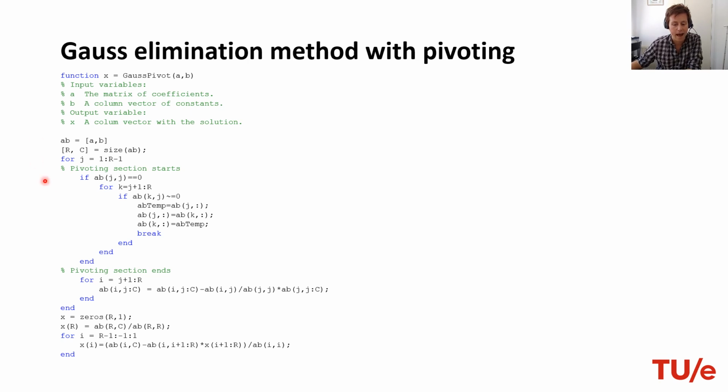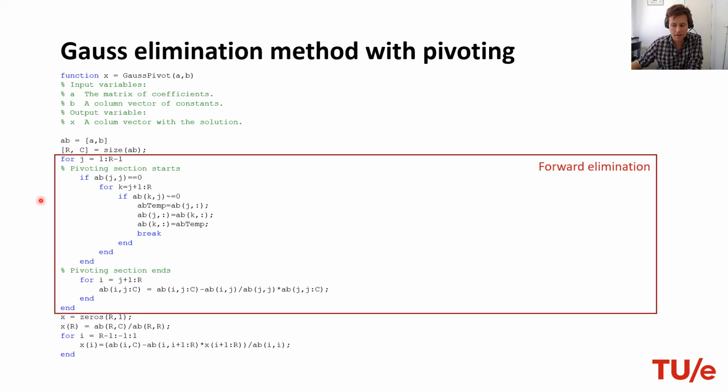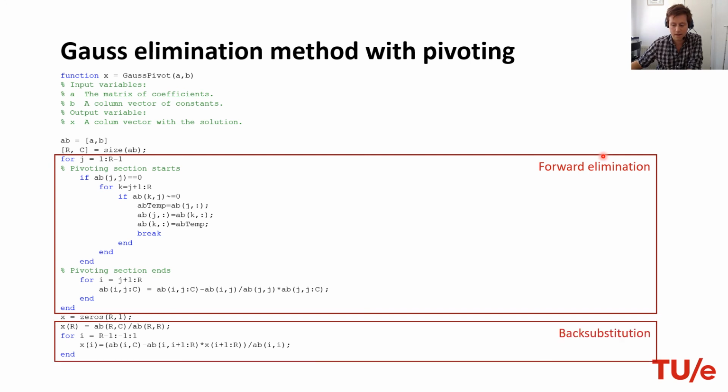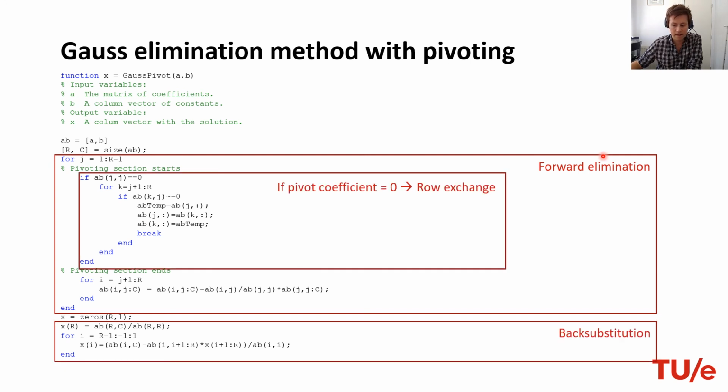So here we have such a Gaussian pivoting function, and this is one of the example functions provided to you with the textbook. And actually we see it consists of two parts, the forward elimination part and the back substitution part, and the pivoting is only a small percent of the actual code.